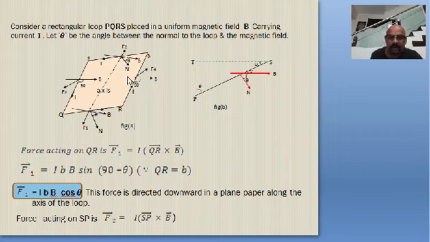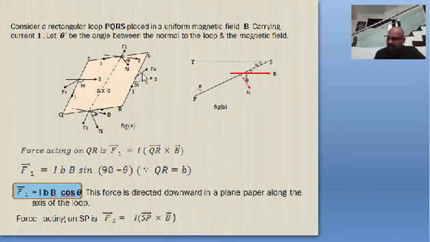This is the magnetic field and this is the normal. Normal means the perpendicular line. The angle between the normal to the loop and the magnetic field is theta. Remember this very clearly.